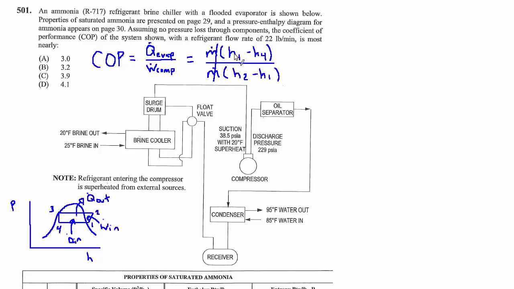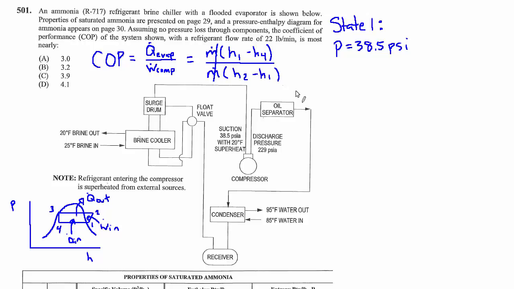What we're going to go after, and we'll go state by state as we work our way around the cycle, are these enthalpies. So let's go ahead and start at state 1. This is before the compressor. So at state 1, it's the compressor suction. We know the pressure is 38.5 psia, and we know we have 20 degrees of superheat.